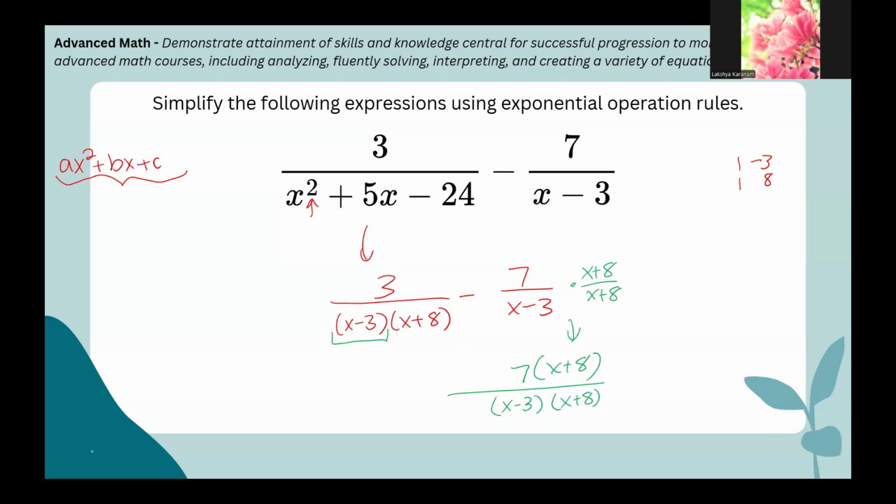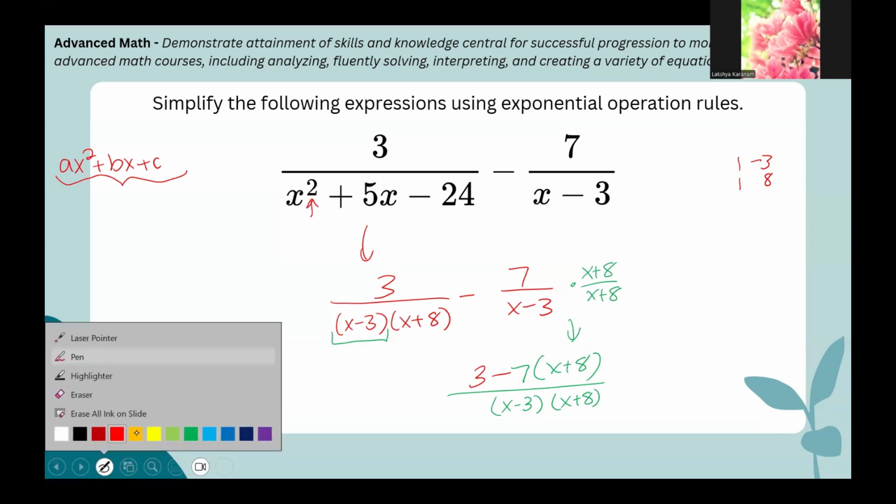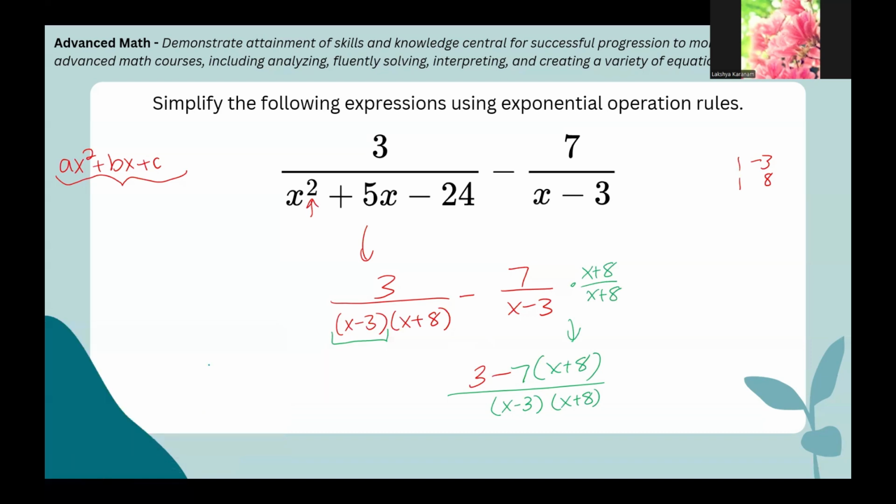And then this part is 3 minus that. Okay, let's go ahead and factor. We're going to use our same expand and simplify method here. So we're going to expand. You end up with 3 minus 7x minus 56 over x minus 3, x plus 8.